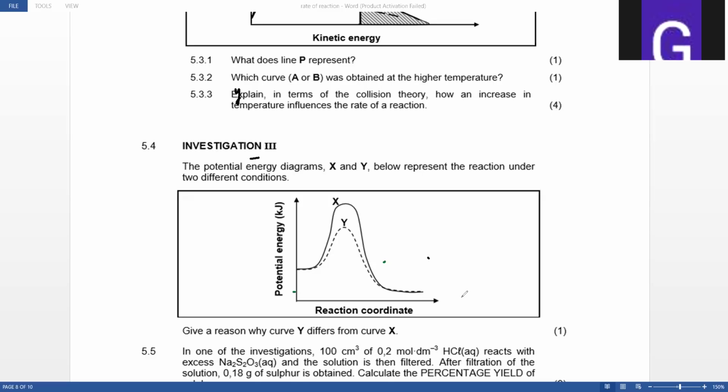So give a reason why curve Y differs from curve X. Obviously, curve Y is the curve with a catalyst added on it. So the X is the curve without a catalyst.